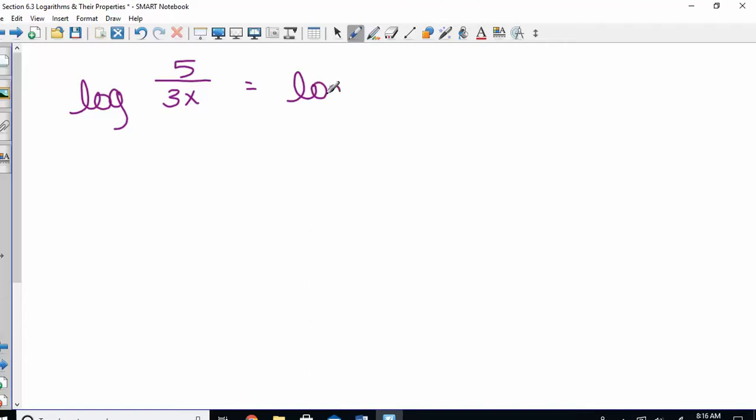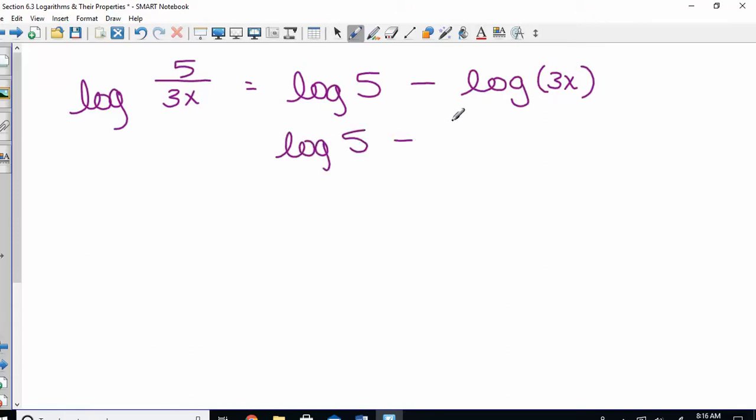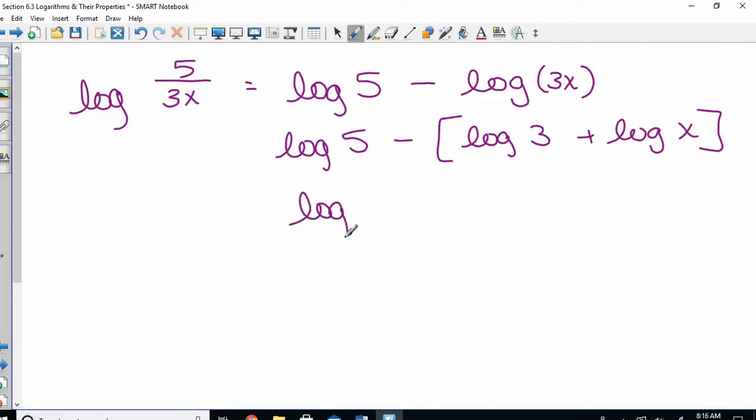So you do log of the top minus the log of the bottom. Right? We can break that up. And like you said, they're multiplied, so you end up adding them. So it's log of 3 plus log of x. But then you have to distribute that subtraction. So essentially anything that was on the bottom will get a subtraction in front of it. You're welcome, good question.